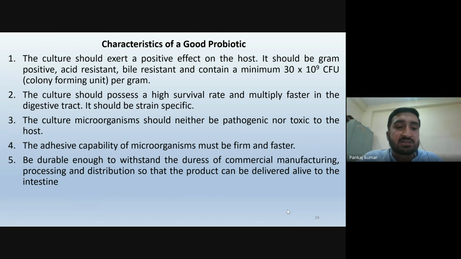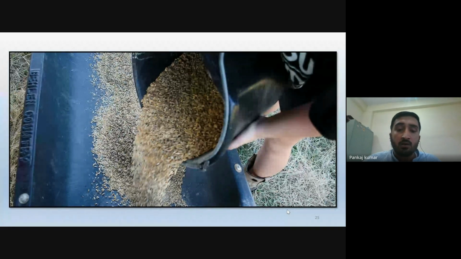It should be strain-specific. The cultured microorganisms should be neither pathogenic nor toxic to the host. The adhesive capability of the microorganism must be firm and fast, and durable enough to withstand the duress of commercial manufacturing, processing, and distribution, so that the product can be delivered alive to the intestine. Now, see, in the food, the probiotics are mixed and fed to the animals.